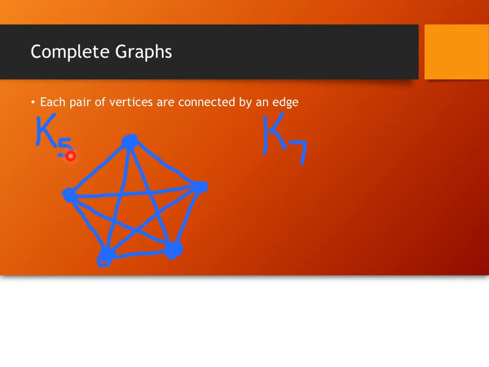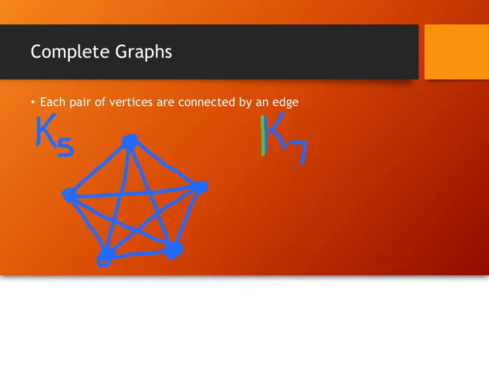So since we have 5 vertices, there'll be 4 other vertices each time. So 1, 2, 3, 4, that one's good. That's good. All right, so that's sort of a check in making sure that you, in fact, made all the connections that you wanted to.